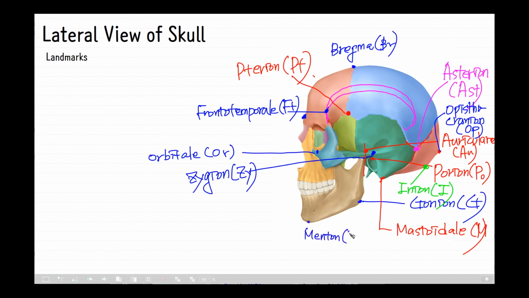And the next one is the pogonion. Pogonion corresponds to the most forward point of the mental tuberosity. So this point is the pogonion. And the next is here, between the pogonion and menton, as I described earlier.